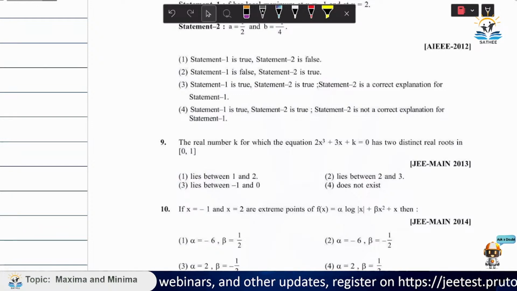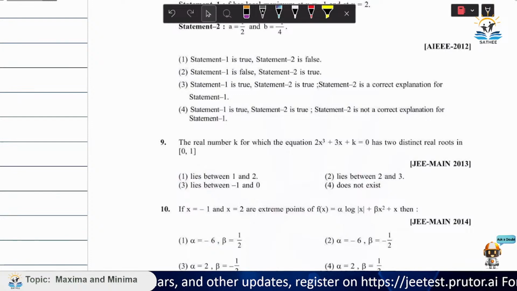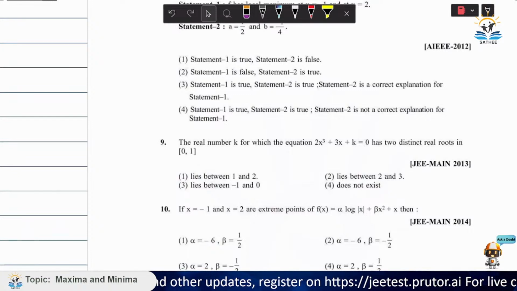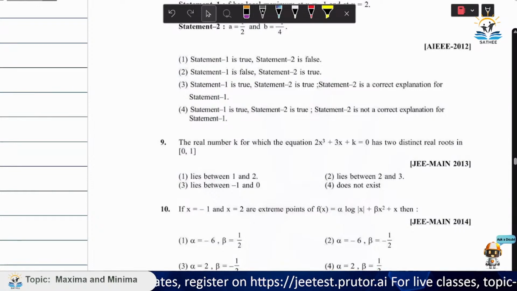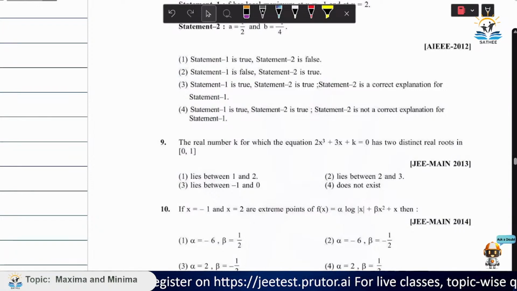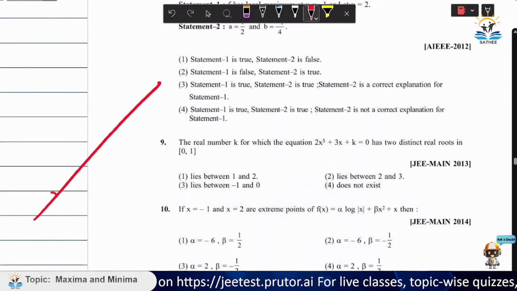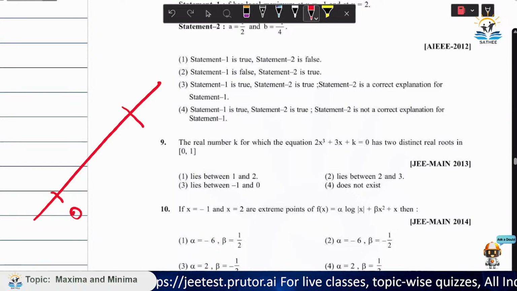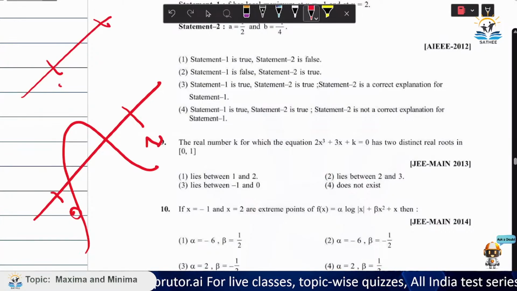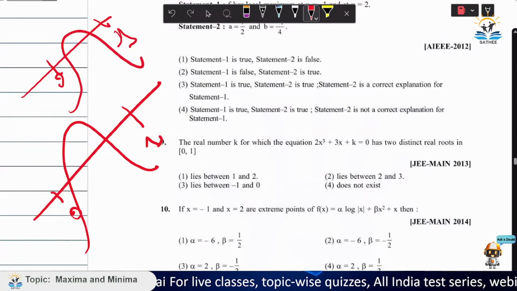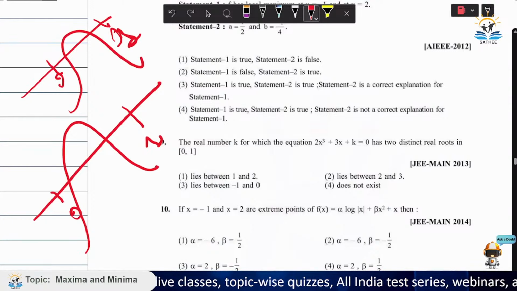So if it has two distinct real roots in 0 to 1, the first condition is that f of x has to be positive. So see, if this is 0 and 1, then having two roots could look somewhat like this or like this. This is the least condition, right? Two distinct real roots. Sorry, I drew the same graph.